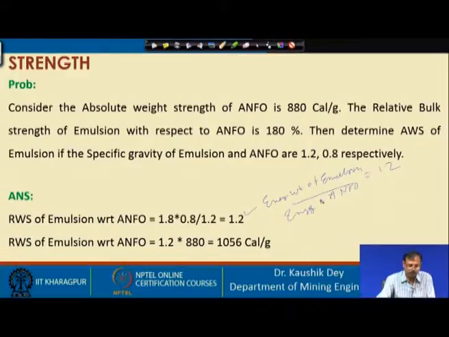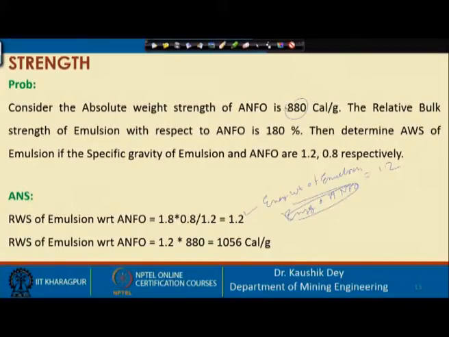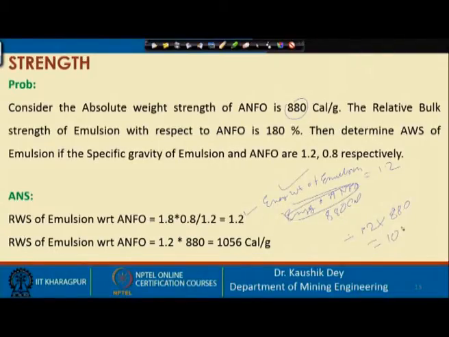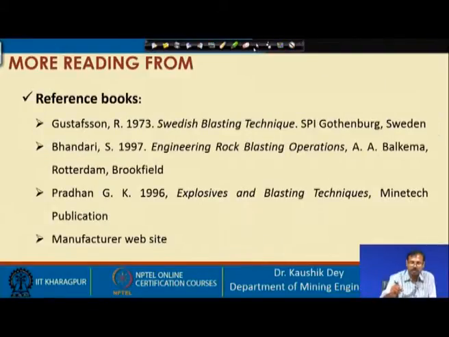Energy obtained from unit weight of ANFO is nothing but 880 calorie. So, energy obtained from unit weight of emulsion is 1.2 into 880, that is coming 1056 calorie per gram.